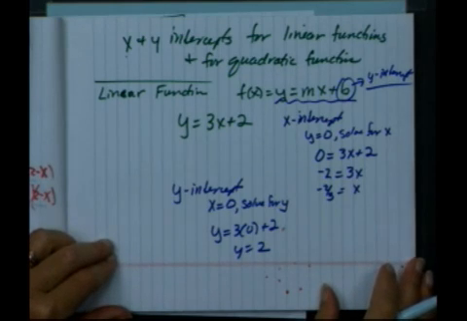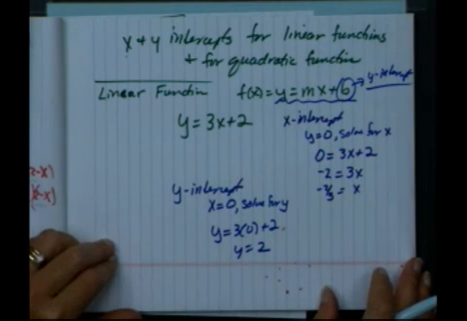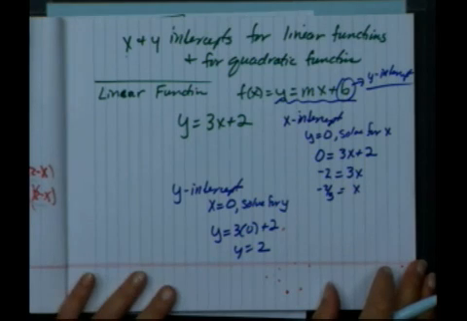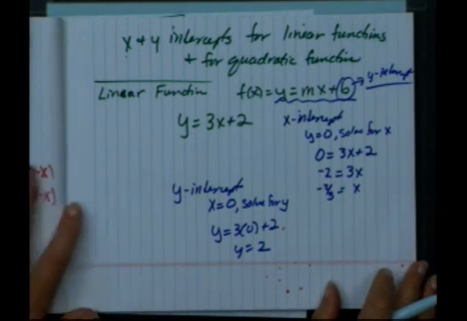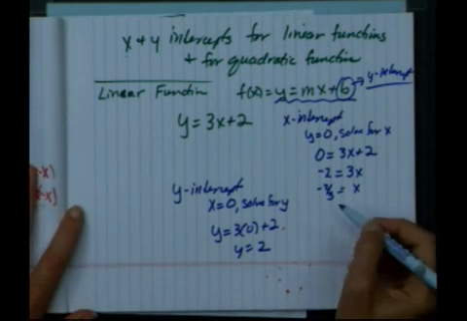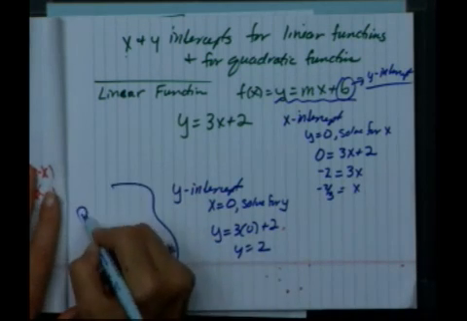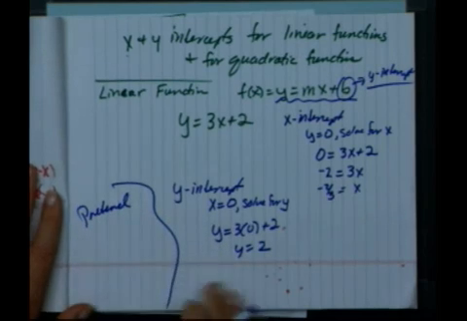Do you need me to slow down a second? Since there's no calculator on the test, are you going to give us small numbers? Okay, thank you for asking that. If there's no calculator on the test, am I giving you small numbers? Well, this is a pretend, this has nothing to do with that problem.